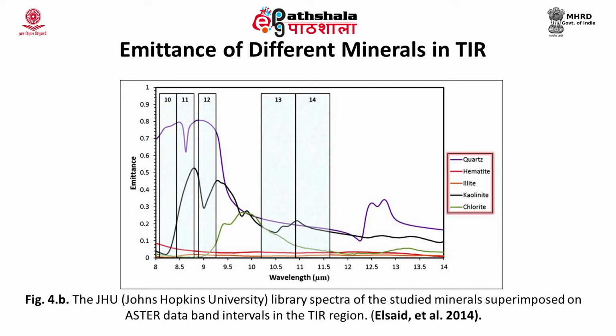Around 0.7 it has less reflectance, and as you increase the wavelength the reflectance is increasing, and towards 2.2 it has a low reflectance. And if you look at the chlorite, chlorite is having higher reflectance in the short wave infrared region.